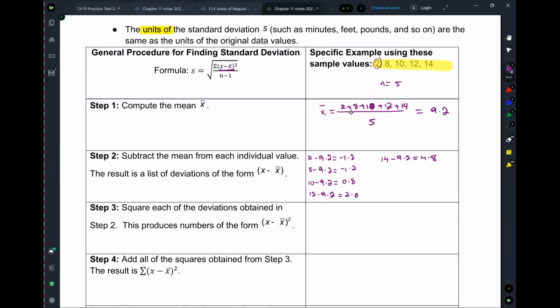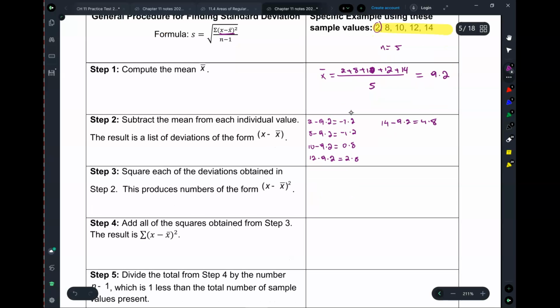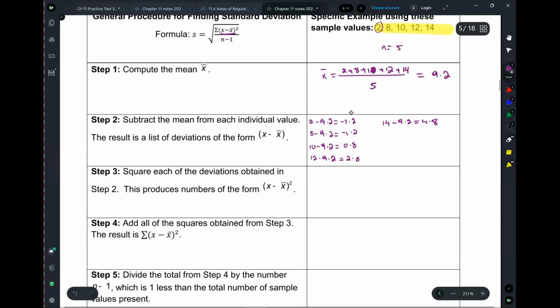The next step is to square them. So you have x minus x bar, now you square them. Square each of the deviations that you found here. At this step, I always ignore the negatives. So it's 1.2 squared, right?